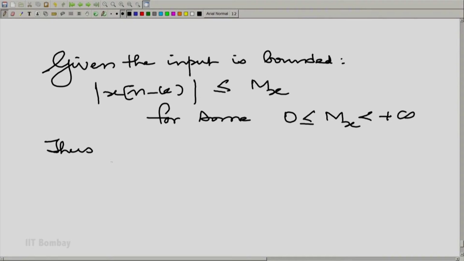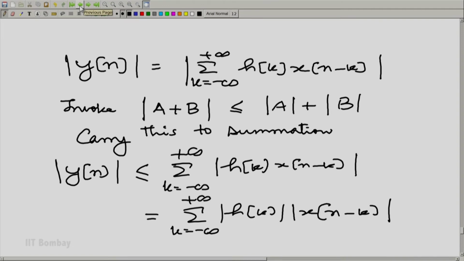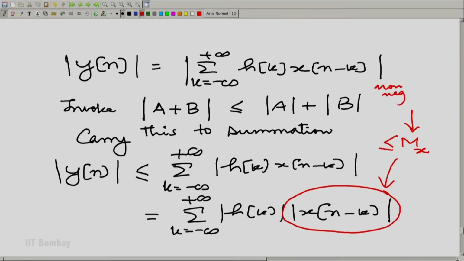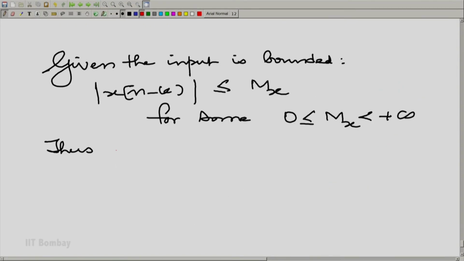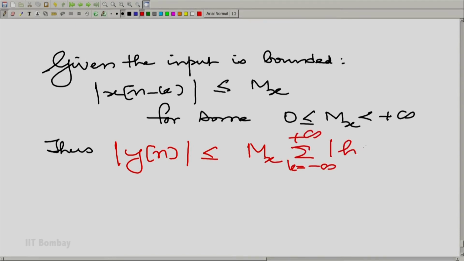Thus, in fact, let us go back to what we wrote previously, that will be easier. You see, if you look at it, this quantity is less than or equal to Mx, and Mx is a non-negative finite quantity. Finite is important, and therefore we clearly have mod y[n] less than or equal to Mx times summation k going from minus to plus infinity mod h[k].